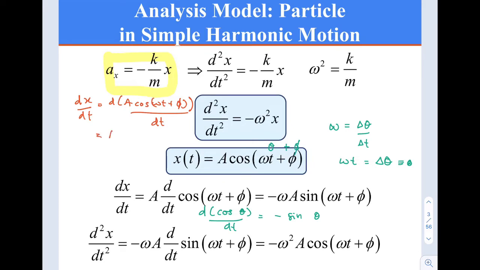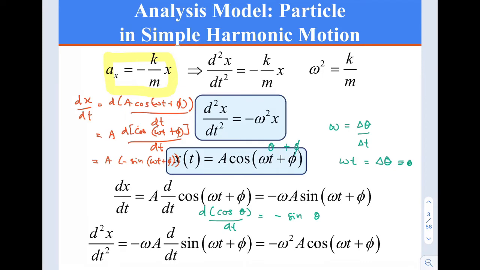So you take out the a, d of cos of omega t plus phi, the whole part, over dt. Differentiating cos will give you negative sin of omega t plus phi.